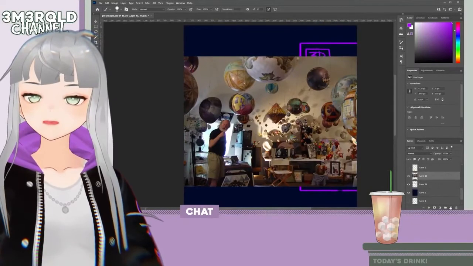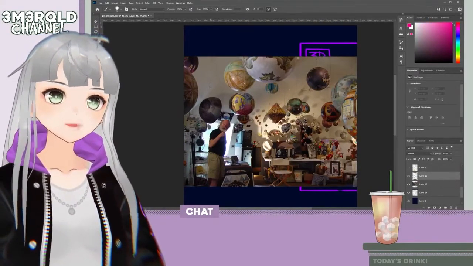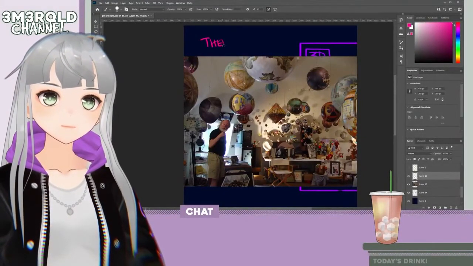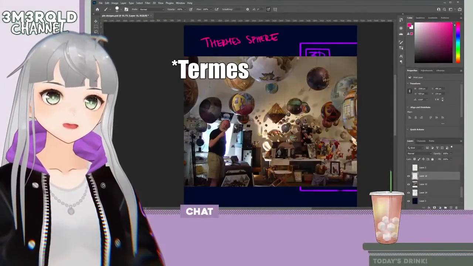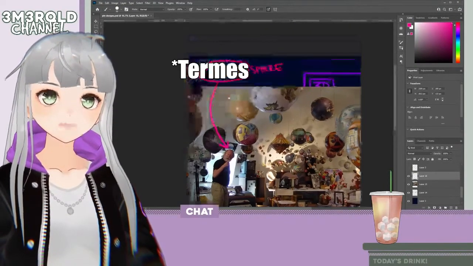This is what helped me understand perspective. Before this, I did not understand what perspective was. It seemed like a foreign concept that had no connection to real life. This guy here is Terms.